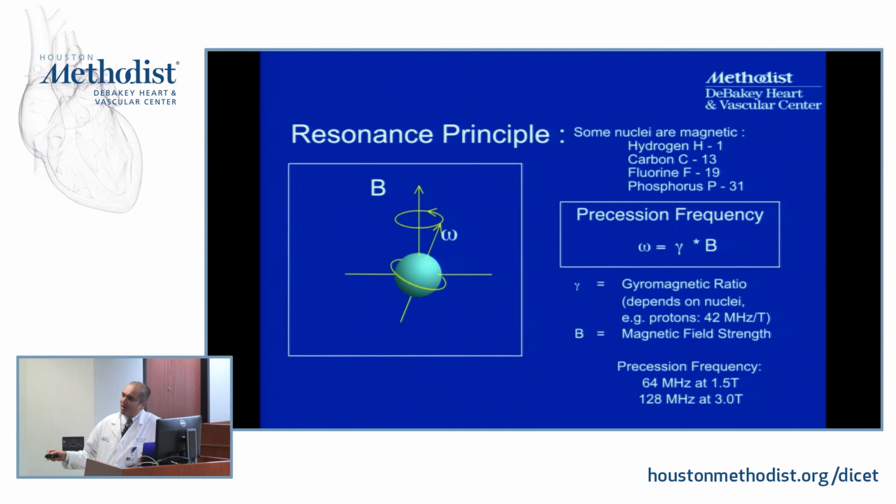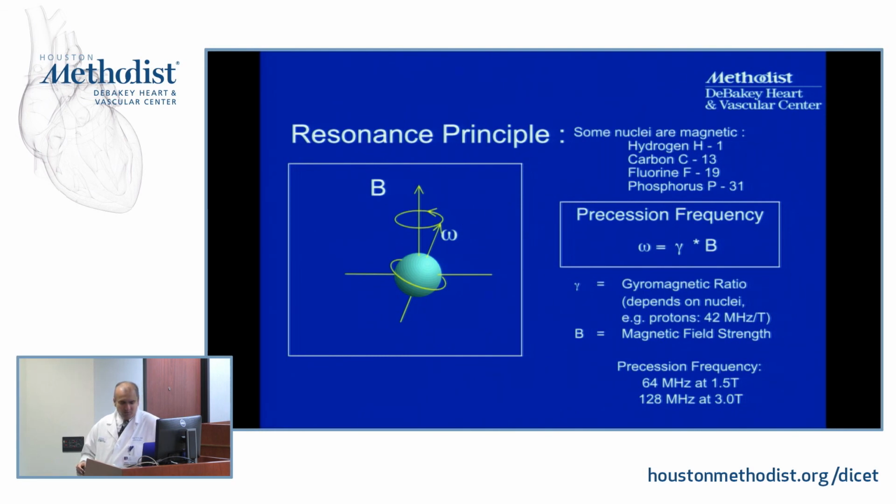So if I have a 1.5 Tesla scanner, 42 times 1.5 is going to give you a precession frequency of about 64 megahertz. Now, if you have a 3 Tesla scanner, then the protons are going to be spinning twice as fast at 128 megahertz.